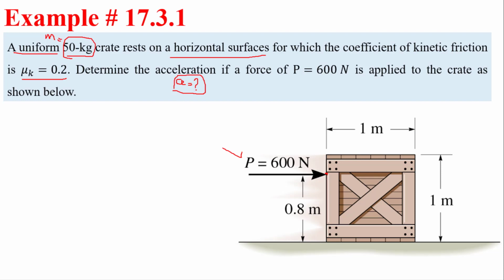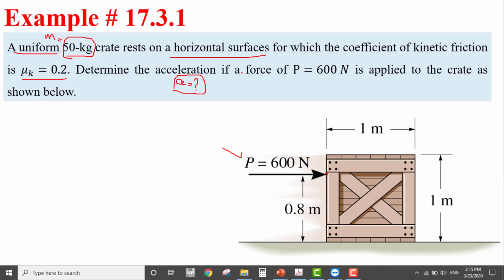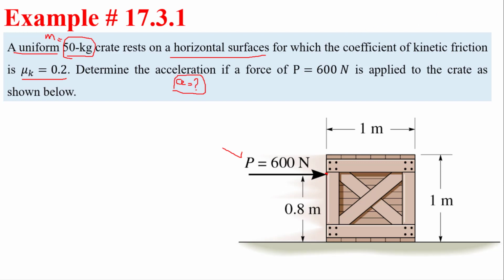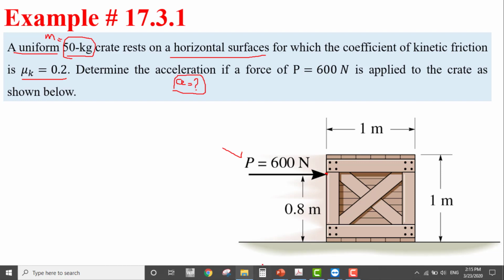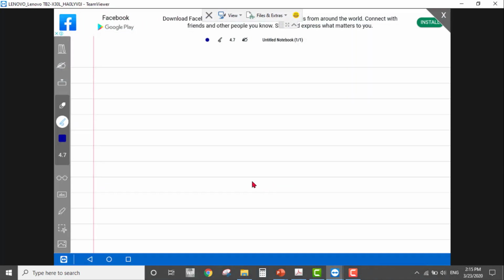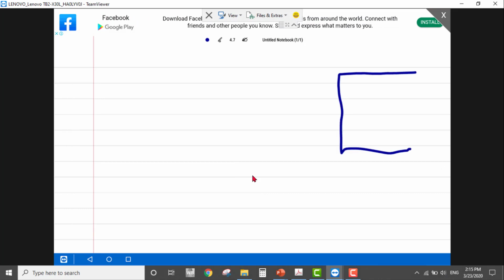Now let's move to the solving board. Okay, we have a crate. This crate is 1 meter by 1 meter, okay, and we have here force equal to 600 Newton.